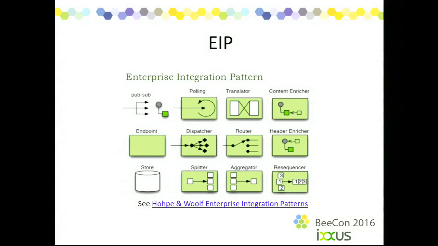Like these applications have different natures, they probably have different languages, they have to rely on the network to exchange data. So enterprise integration patterns provide a catalog of repetitive solutions that have been demonstrated to work.